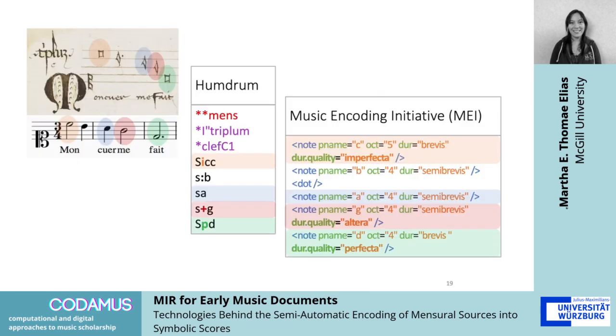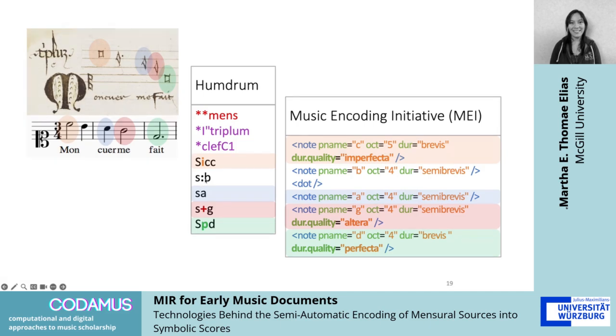So, as I said, support for mensural notation. This is the same passage encoded in MEI like I showed before, and also in Humdrum. So you can see it has the same pitches. The first note has C, C to represent the note C in octave 5.